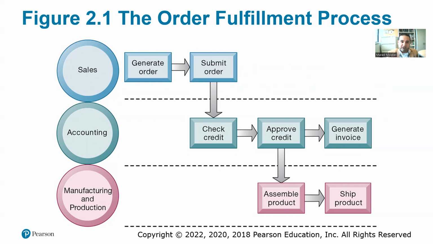So it starts with generating an order, and then that order is submitted and moves on from the sales functional area to the accounting functional area, where they check the credit of the customer. If that credit is approved, then it moves on to manufacturing and production, where they assemble the product and ship it, right? So this is a great example of a workflow for order fulfillment, or a business process.